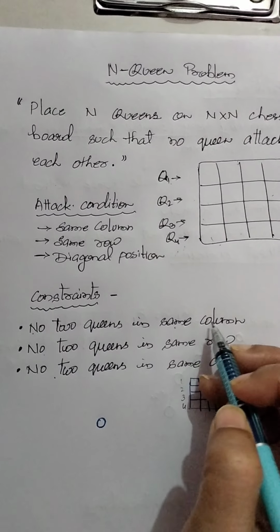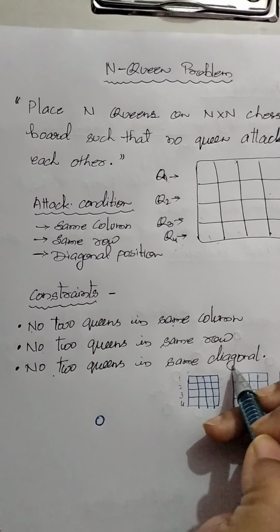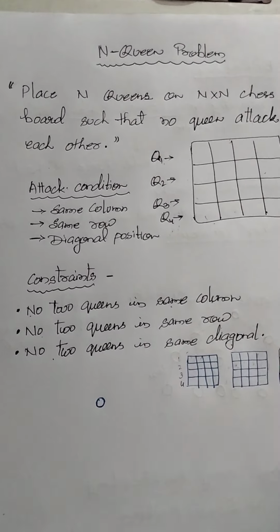Now the problem is to use constraints 1 and 3, that means the same column and the same diagonal. We start by placing the first queen.